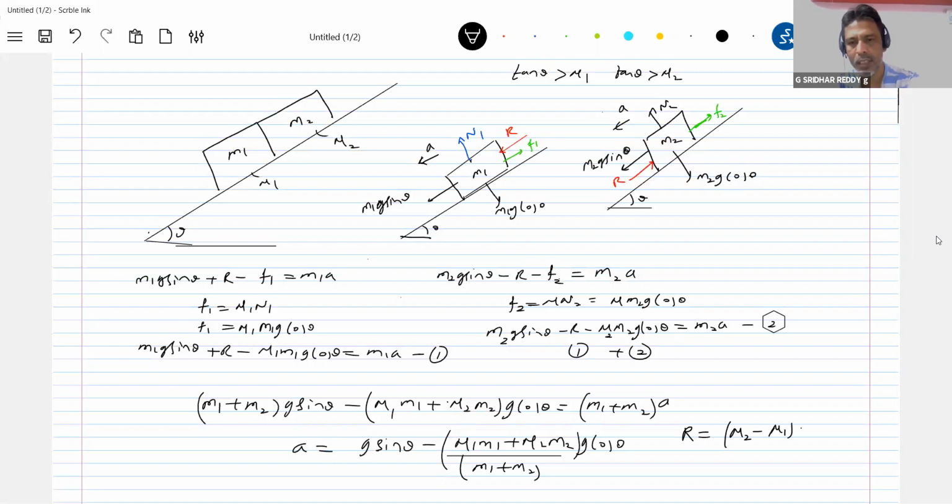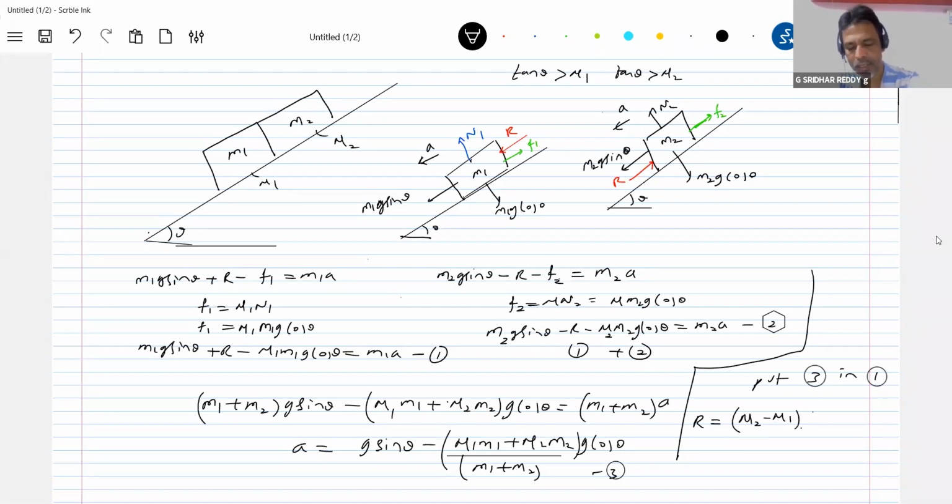Substituting equation 3 in 1 and solving for R, it is equal to (mu2 minus mu1) m1 m2 g cos theta by (m1 plus m2). Now look at this, the expression for the reaction.